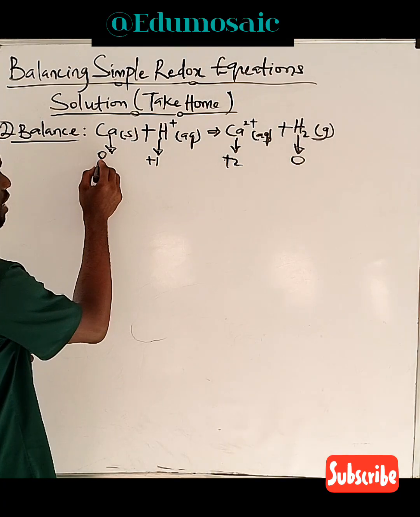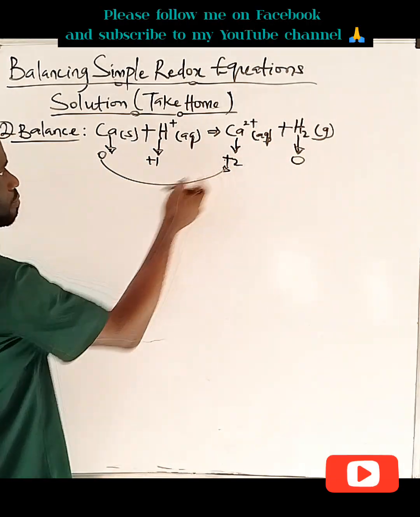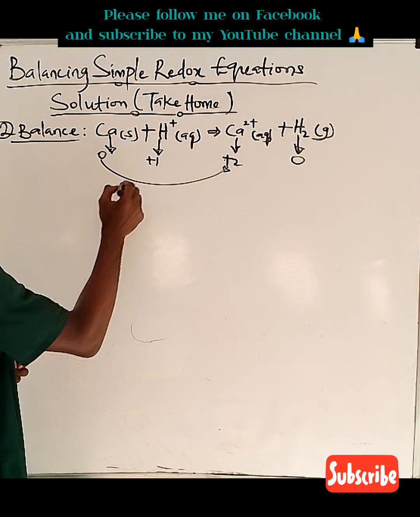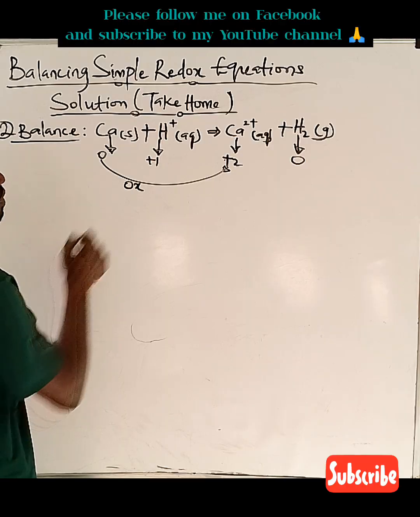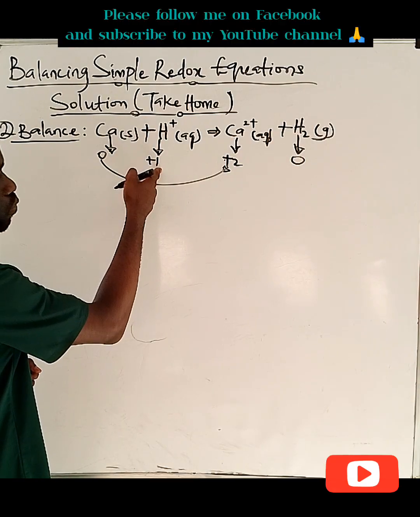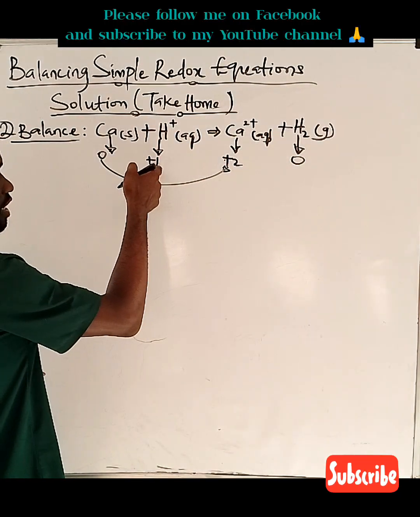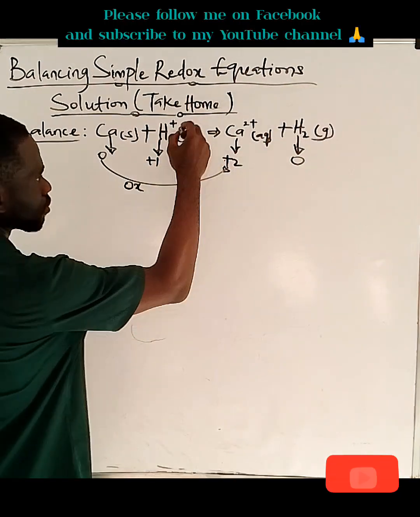The calcium on the reactant side is 0, and on the product end, +2. There's an increment in oxidation number. We call this oxidation. Now if you look at the hydrogen aqueous, it moved from +1 down to 0. So there's a reduction in oxidation number from +1 down to 0.